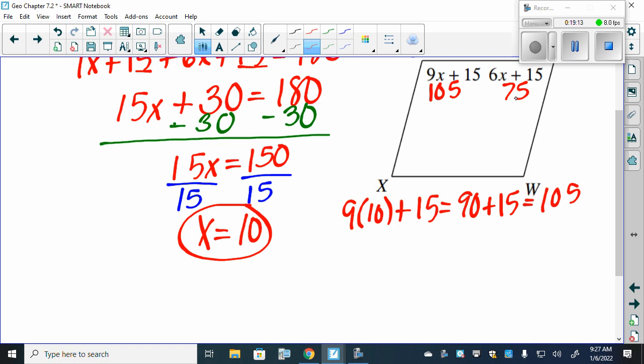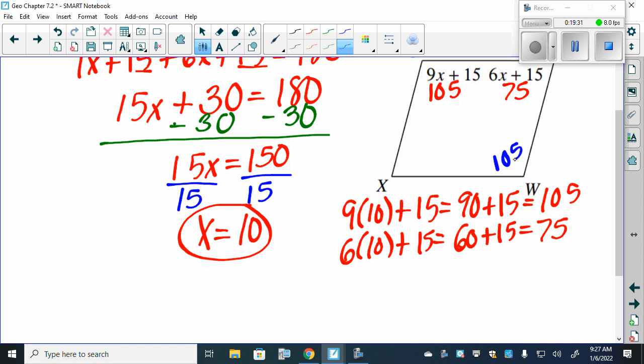Because we know that these two angles have to add together to be 180. And we can check it to make sure. 6 times 10 plus 15. Well, 6 times 10 is 60, and 60 plus 15 is 75. And it does work out that W is 105 and X is 75. And that is it.